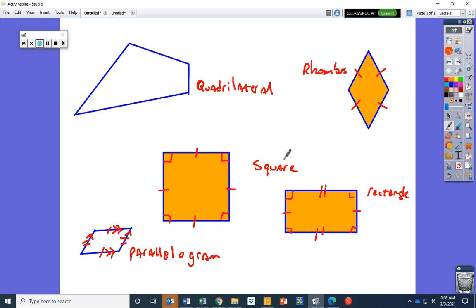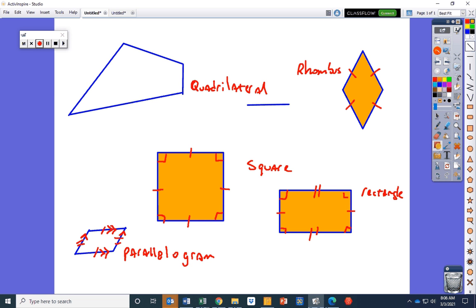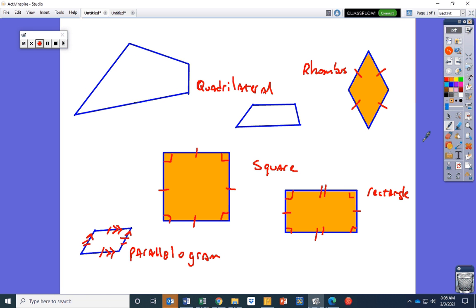Now the last one I want to show you. Do I see any equal sides here? No. But if I see this, what does that indicate?